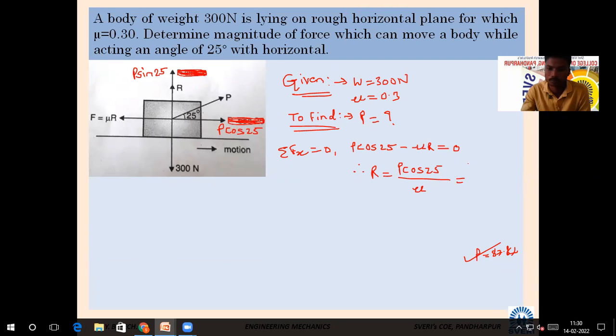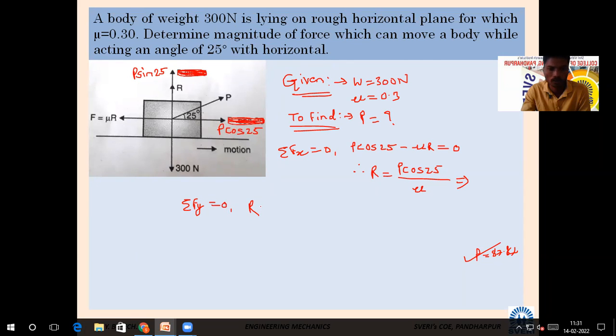Okay, sorry. Okay, let it be here itself. Then summation fy is not known, no? Summation fy equal to 0. Downward force is negative. Upward, who is there? R and P sin 25.